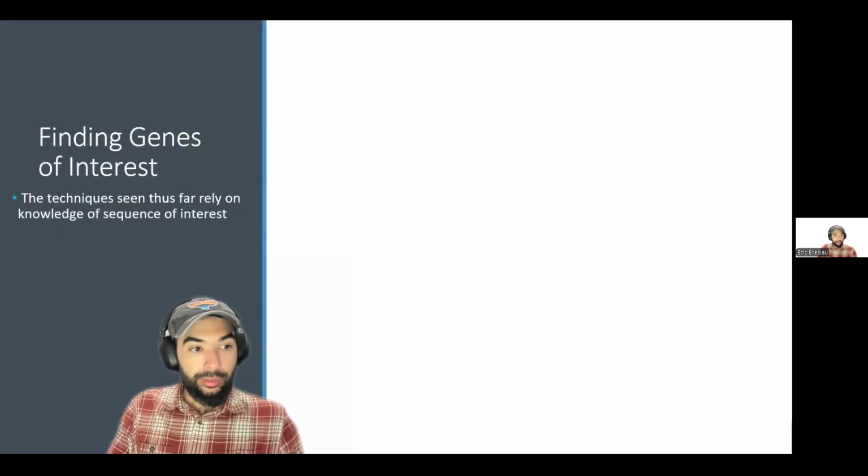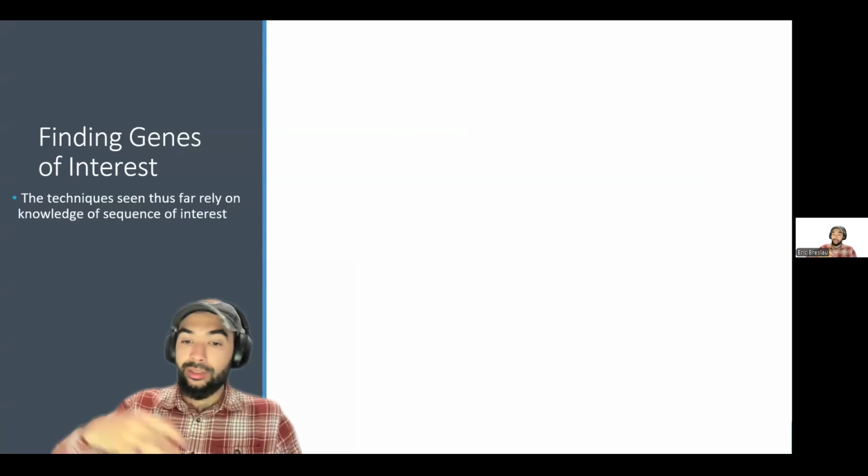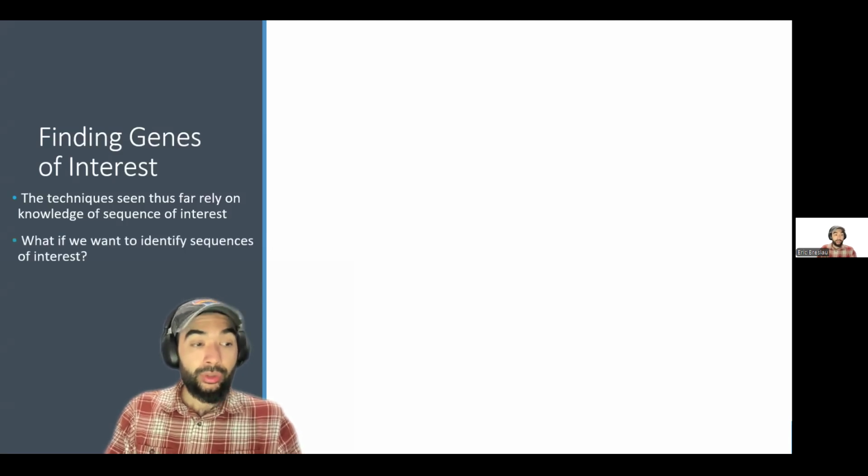Okay, so all these techniques I've talked about so far on Tuesday and so far today require that we know the gene of interest. We know the sequence of it, and we know a lot of information about it. But what if we don't actually know the sequence of our gene, or we want to identify genes?